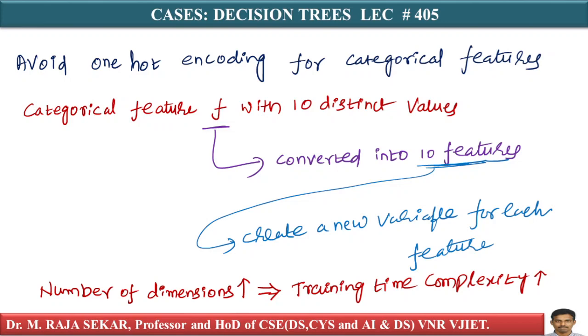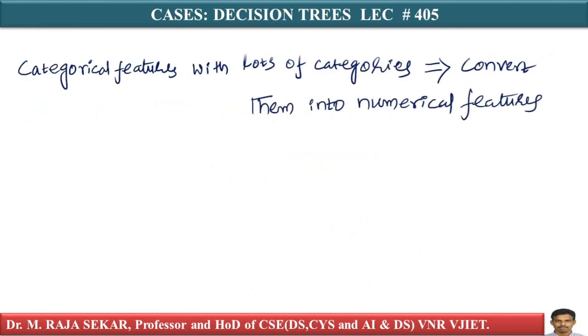So when you have categorical features with lots of categories, or lots of levels as it's often called, it's useful to convert them into numerical features. And how do we do it? We convert it using the probability of yi equal to 1 given that the feature value has some category C1.